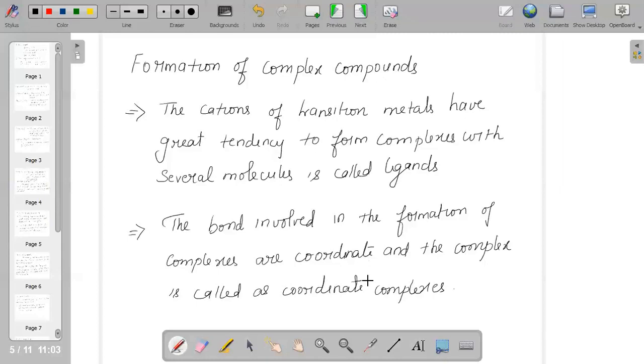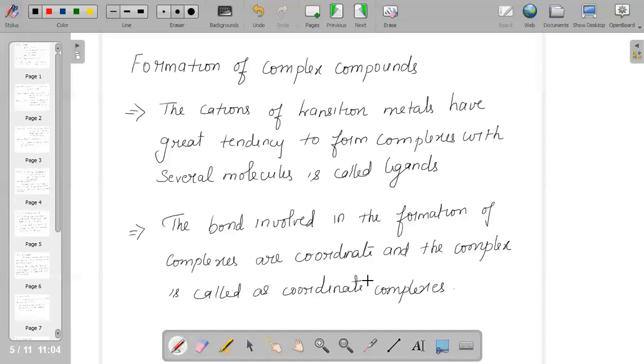And the structure of these complex ions can be linear, square planar, tetrahedral, or octahedral. These all totally depend upon the nature of hybridization of those particular ions.